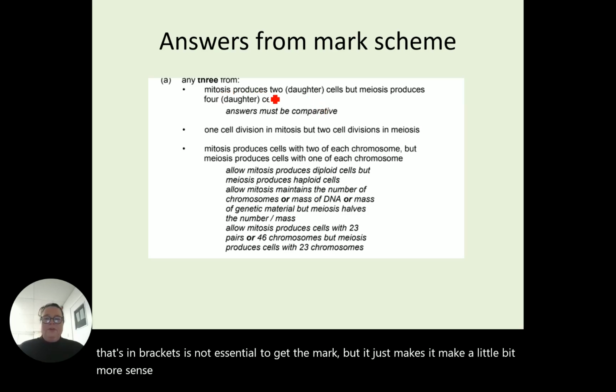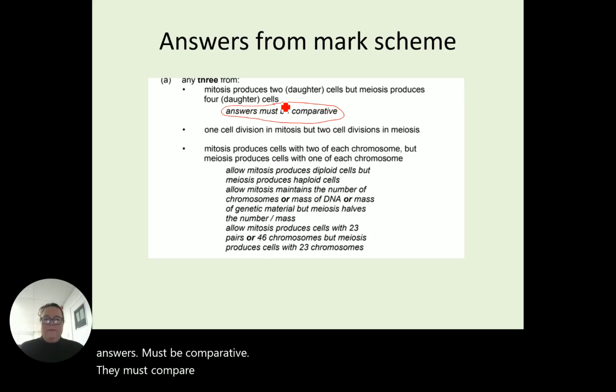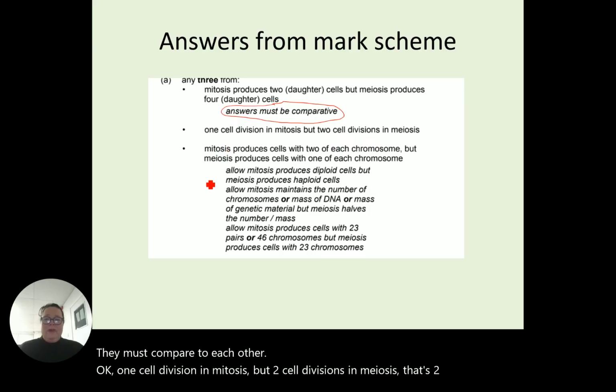So mitosis produces two cells, but meiosis produces four cells. Their answers must be comparative. They must compare to each other. Okay, one cell division in mitosis, but two cell divisions in meiosis. That's 2 marks. One for that one, one for that one.